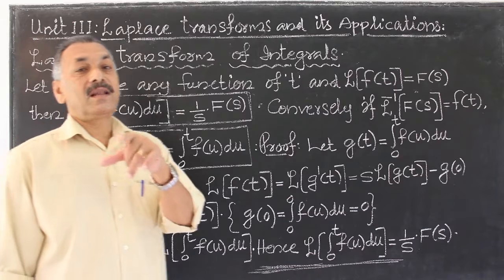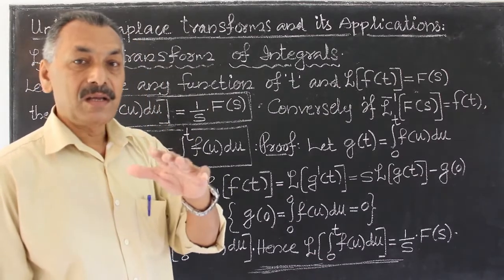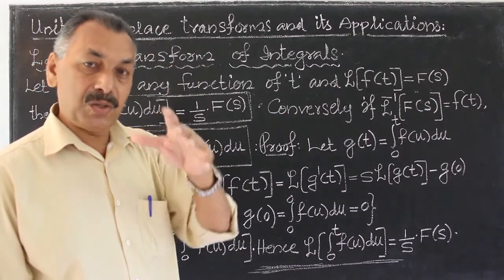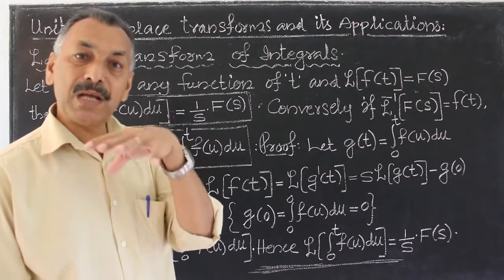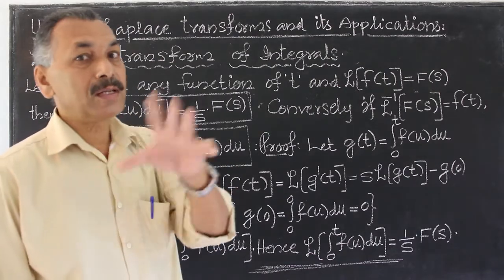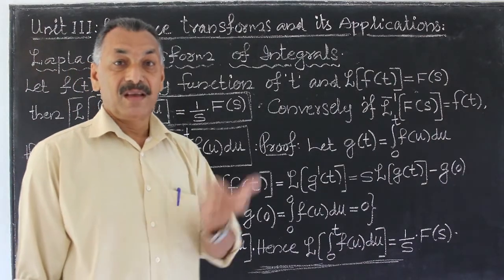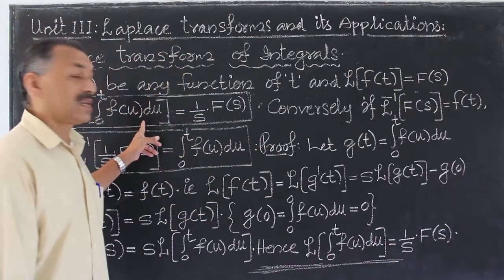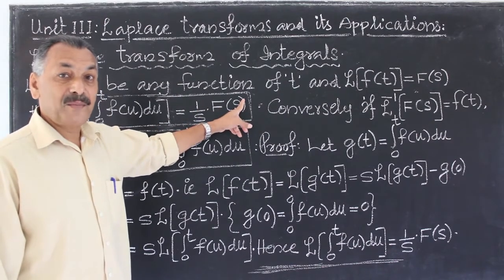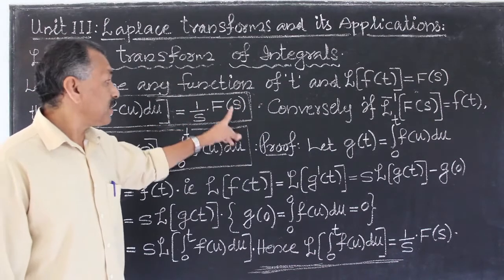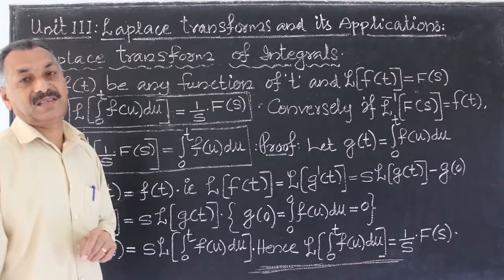In the last class, the Laplace transform of a derivative was s into L of f of t minus f of 0. That means s is multiplied, a product formula. For the Laplace transform of an integral, it is a quotient formula: F of s divided by s.